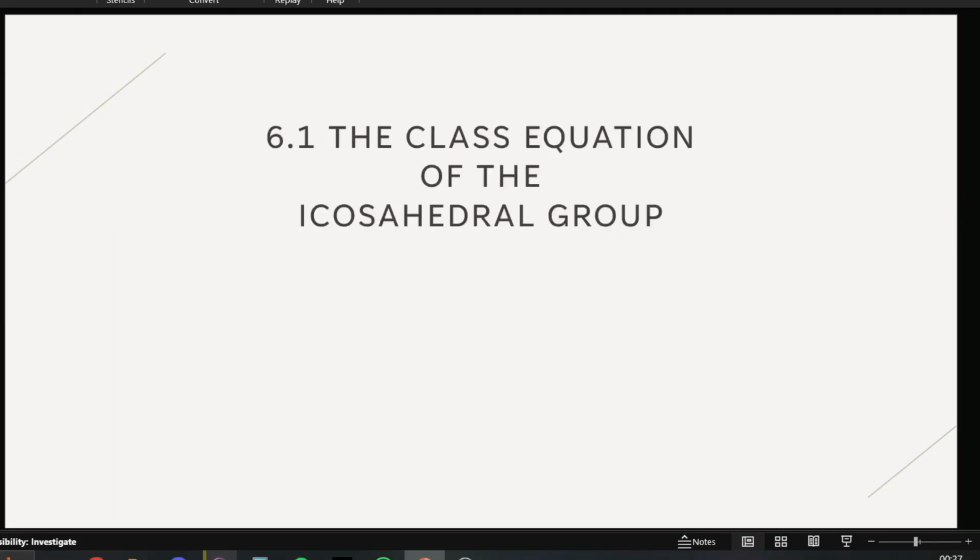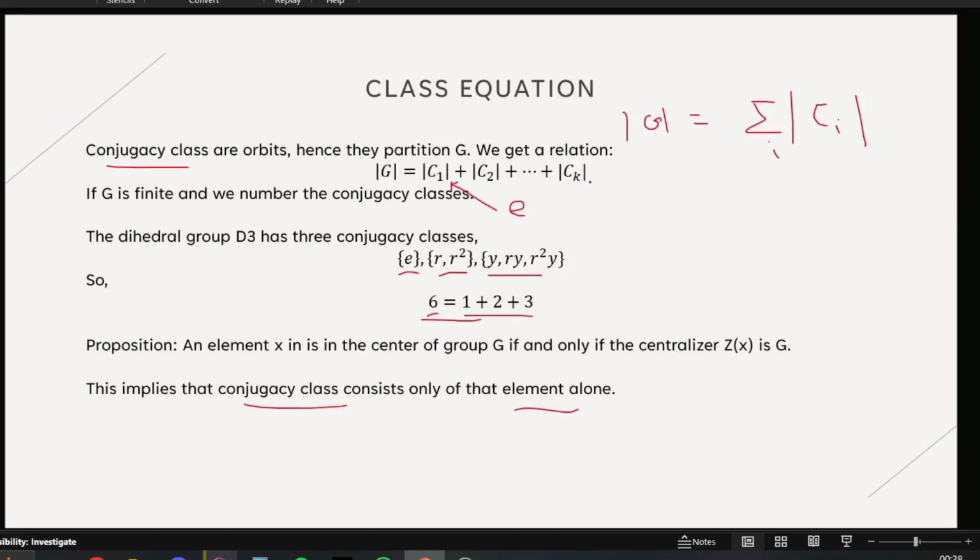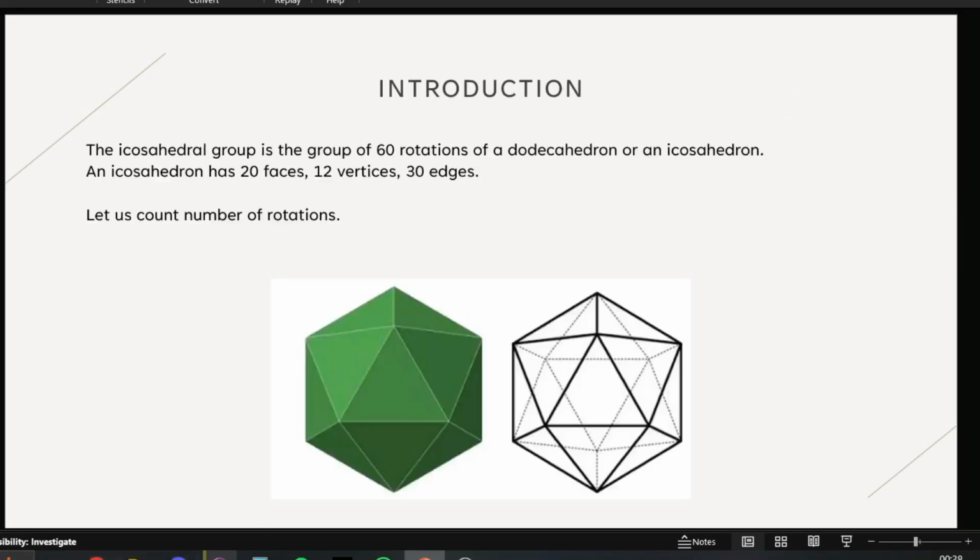So this is the final topic of today's lecture, which is the class equation of the icosahedral group. We saw that the class equation is given by this relation. The icosahedral group has 60 rotations, of either a dodecahedron or an icosahedron.